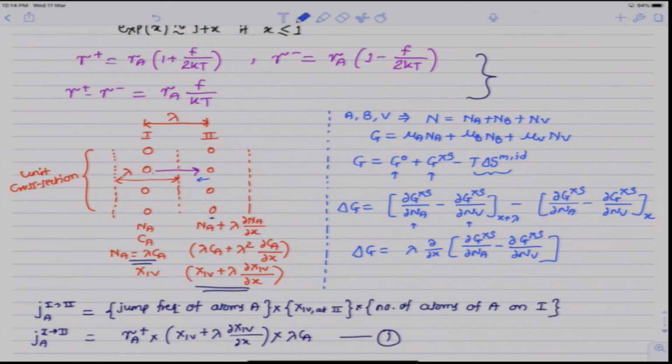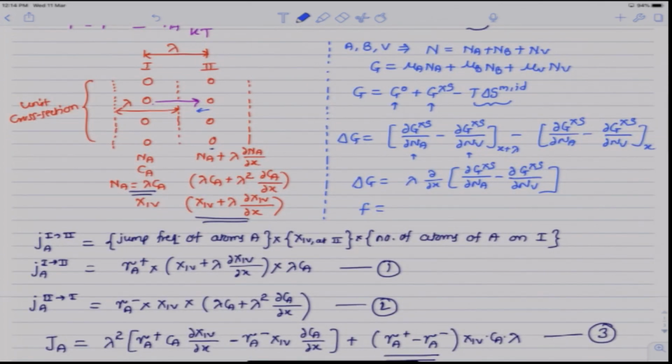And since f is simply minus delta G, we get the expression for f as f is equal to minus lambda dou by dou x of dou Gxs by dou Na minus dou Gxs by dou Nv.